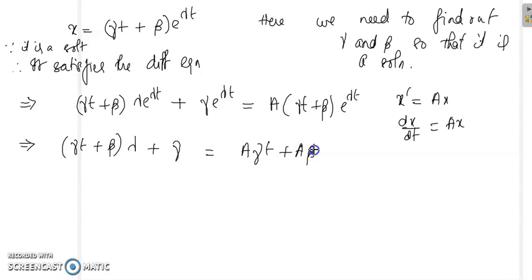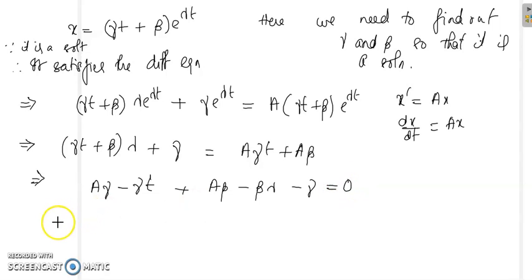Now let us collect the coefficients of t. So we have a gamma minus lambda gamma, times t, plus a beta minus lambda beta minus gamma, equal to 0.